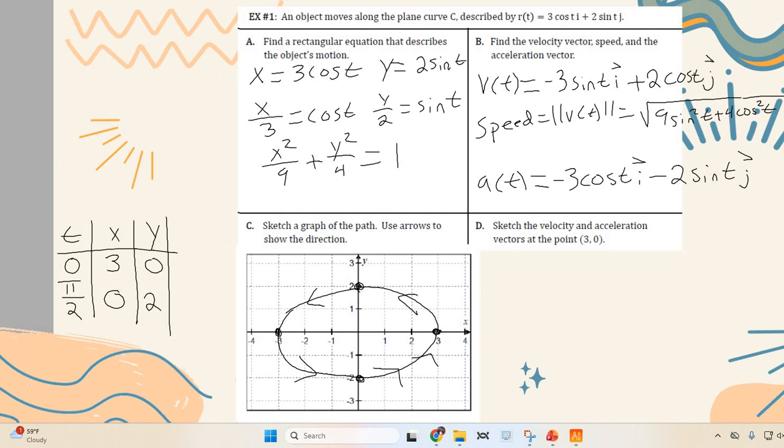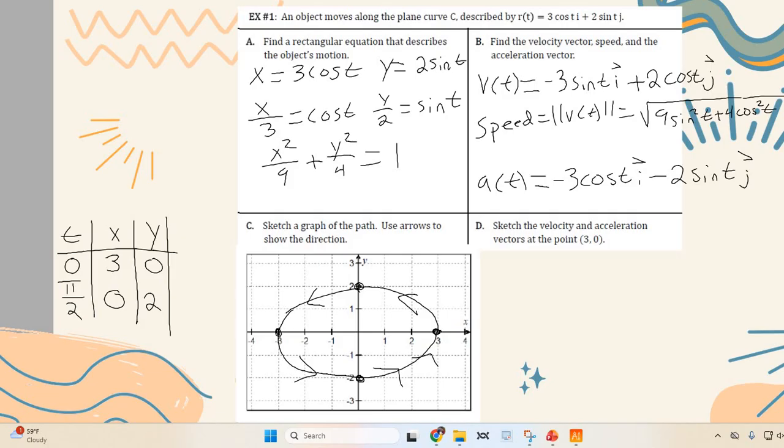So what do we want to do with that? Plug 3 and 0 into what? This is a rectangular point, right? This is x and y. Do I have an x and y here to plug into? No. So we would need to convert and go backwards.